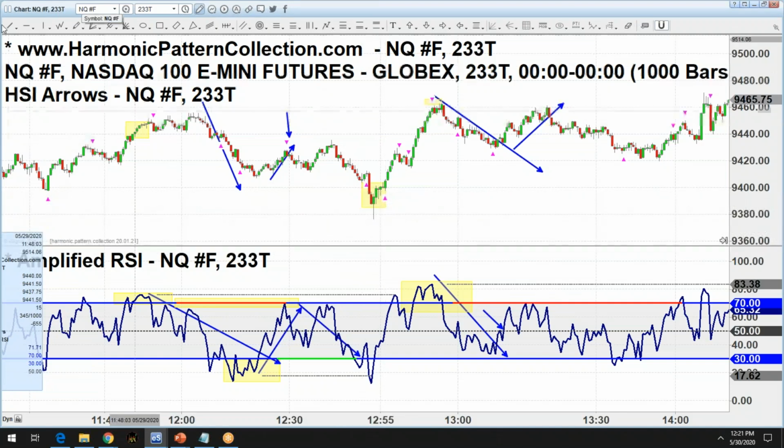Trying to simplify it, there's a lot behind this RSI BAM strategy. I know a lot of you are aware of it. I'm trying to simplify it and really just direct your eyeballs to where to be seeing this with Amplified and how to highlight those signals. There is a feature that I would like to add that will just mark those RSI BAM areas, much like we have with the HSI arrow.